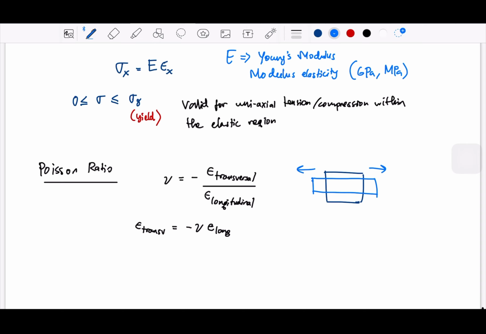If we remove this negative, the ratio will be negative, because the transversal strain and the longitudinal strain will have opposite signs. So we need to multiply by negative, so we have a positive. We will check the example. But that's how the transversal and the longitudinal relate.